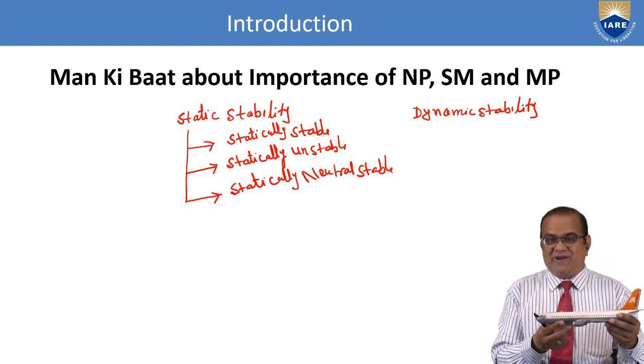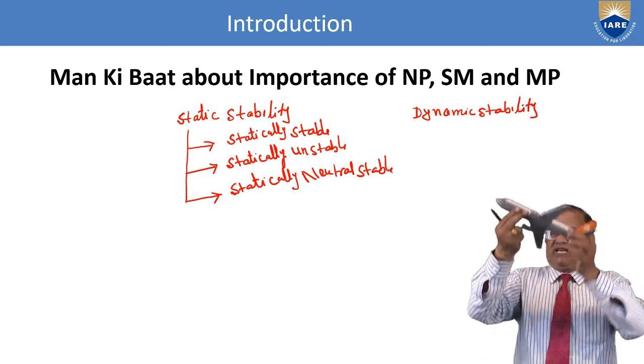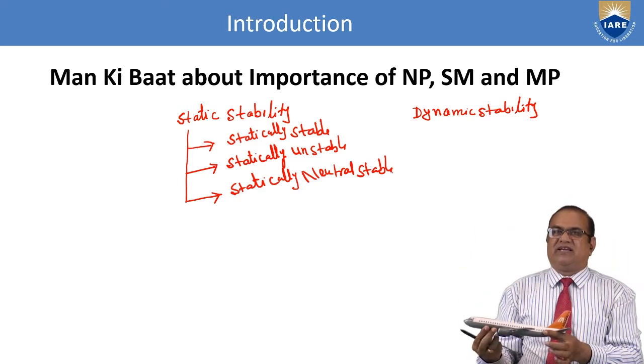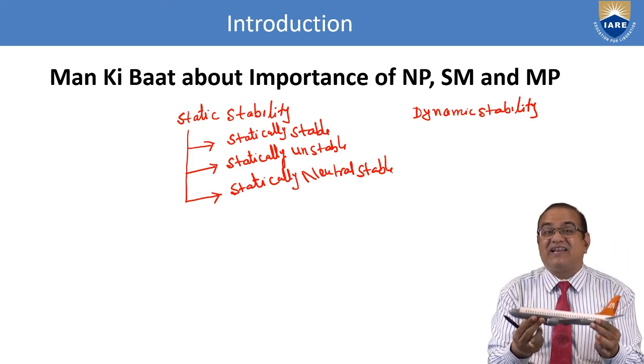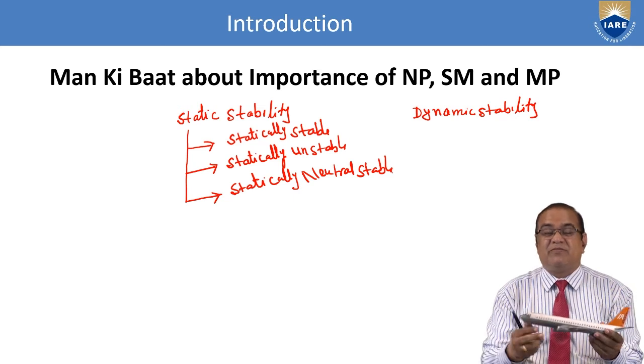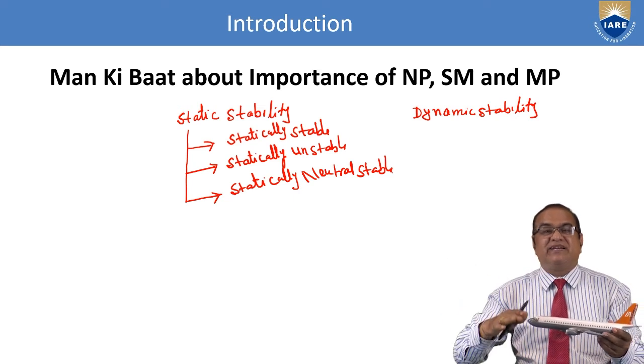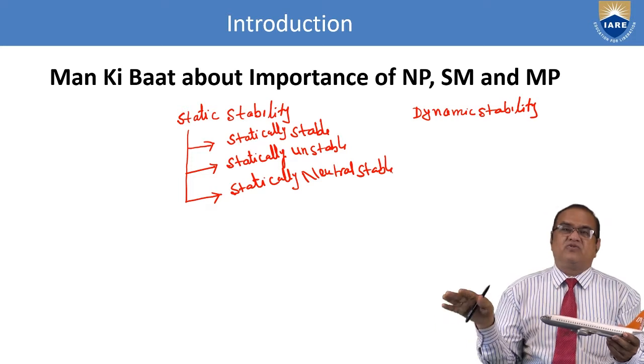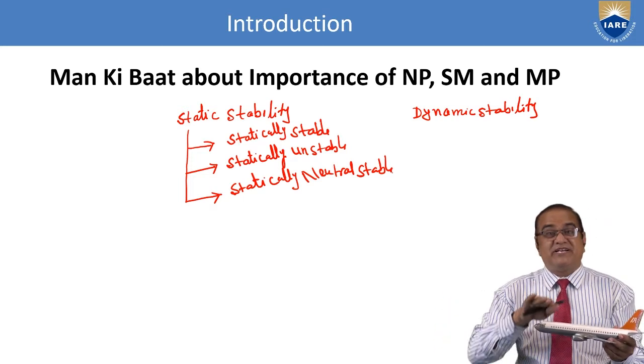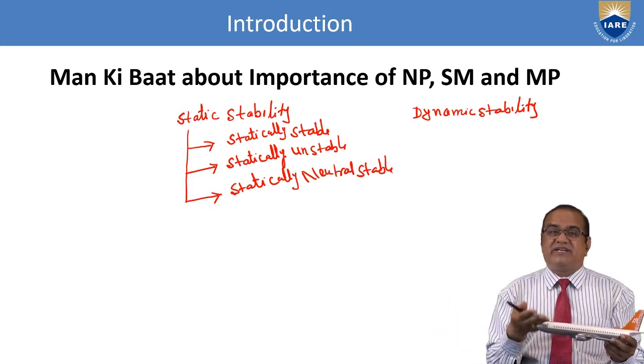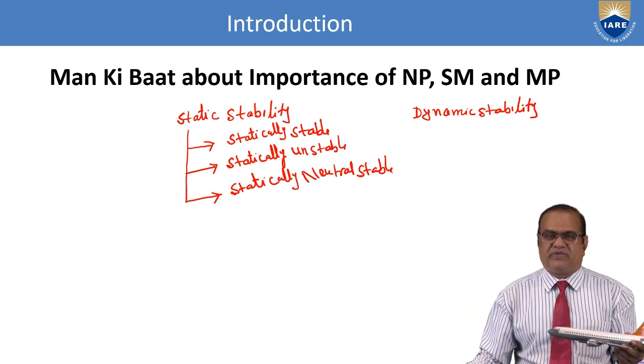But if with respect to time the amplitude is increasing like this, then we can say that it is dynamically unstable. Means with respect to time, it is not at all reaching towards its equilibrium, but it is passing through the equilibrium and exceeding it.